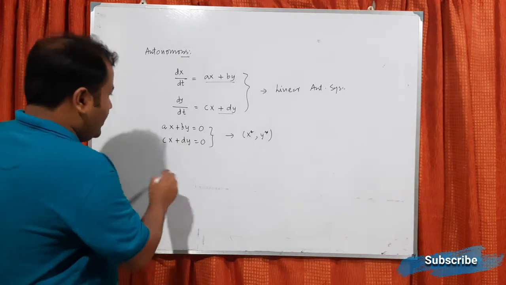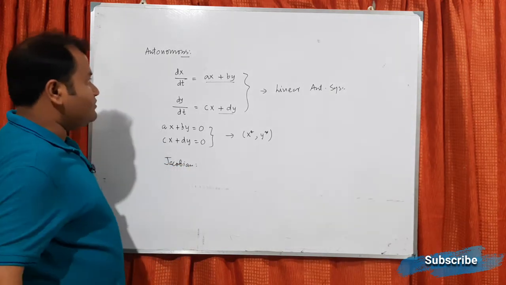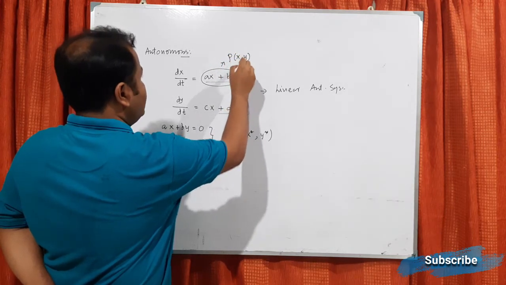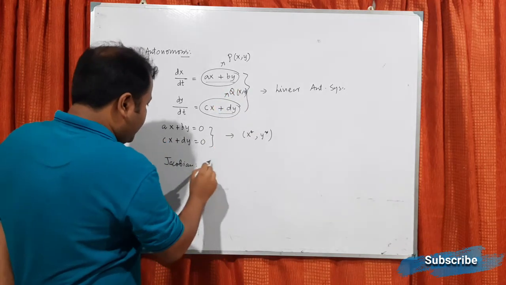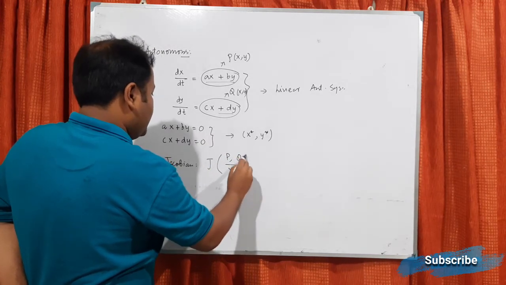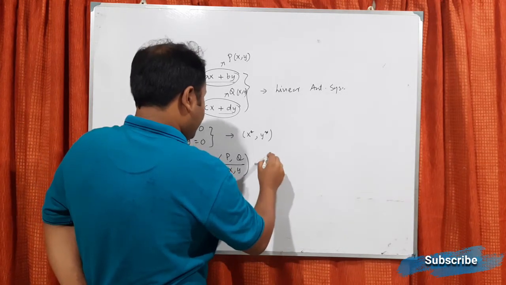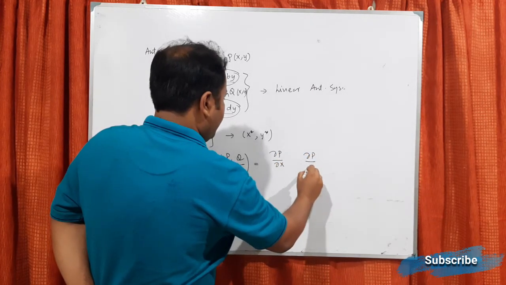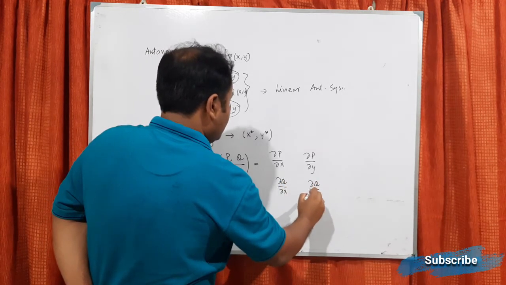Then you have to calculate the Jacobian. What is the meaning of Jacobian? If we denote this function by p(x,y) and this function by q(x,y), then the Jacobian J of (p,q) with respect to (x,y) can be denoted by the matrix del p del x, del p del y, del q del x, del q del y.